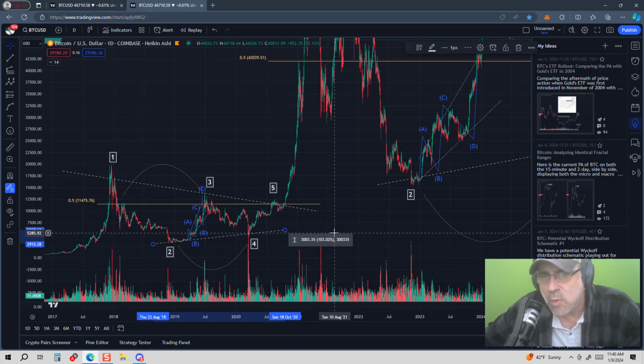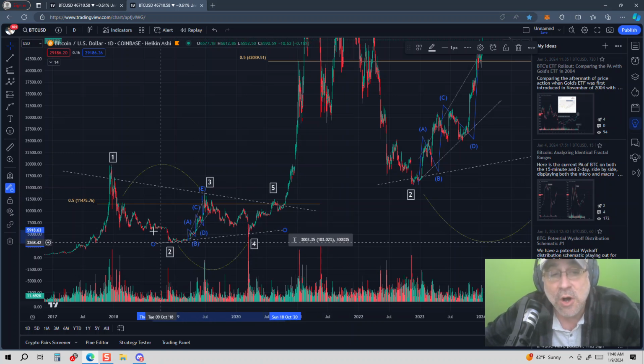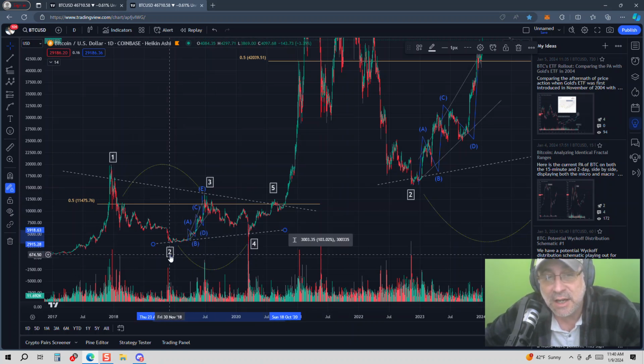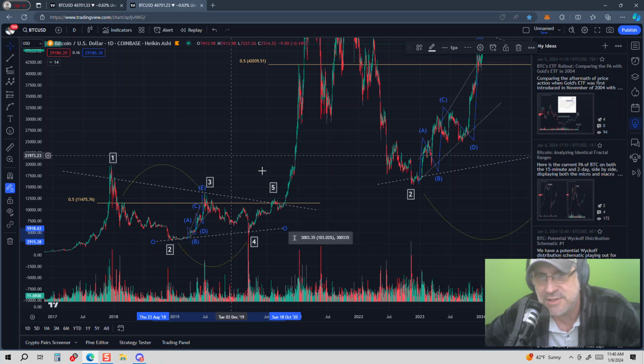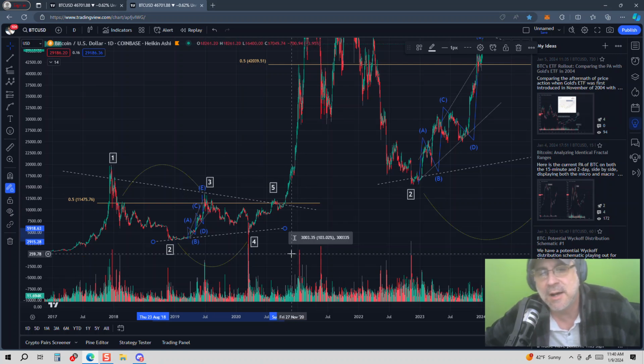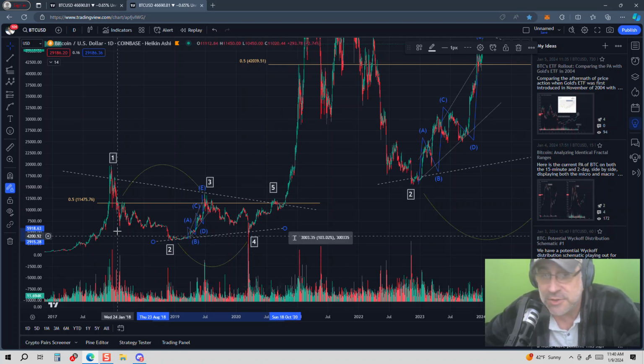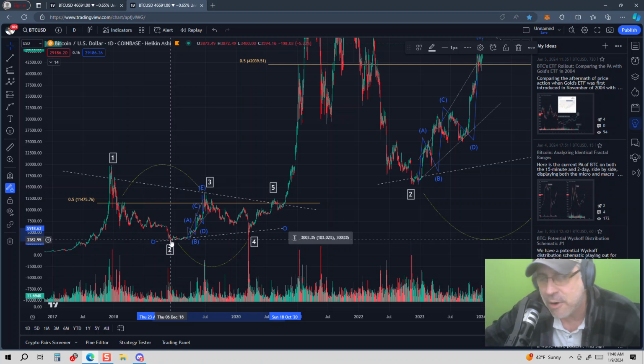But I don't want to focus on that. I want to focus on the point between 2 and 3, because that is where we find the macro counter trends within these bear cycles. See, by the time we reach 2, we've already entered in, and we've bottomed out in the bear market.